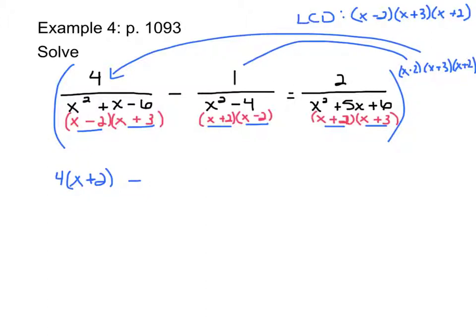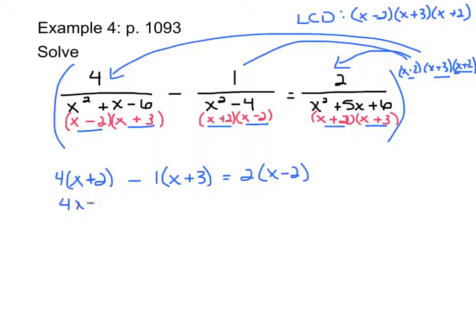Multiply by the second one, I have my x plus 2, x minus 2. Those cancel, so it's just 1 times x plus 3. And then when I multiply by the third, x plus 2 and x plus 3 cancels, so it's going to be 2 times x minus 2. And then we'll distribute and just solve for x.